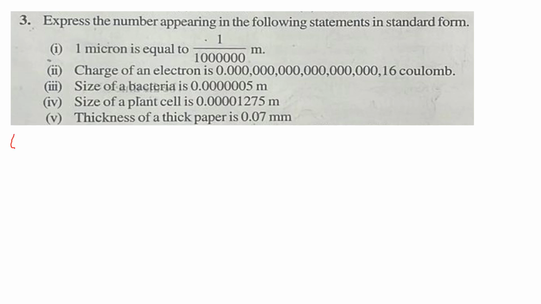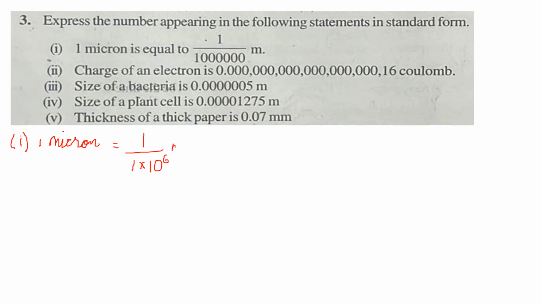So the first question given to us is 1 micron is equal to 1 followed by 6 zeros meter. So 1 micron is equal to 1 into 10 to the power, how many zeros are there? 6 zeros are there.